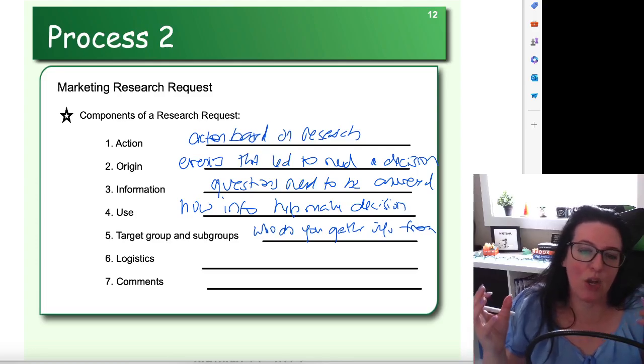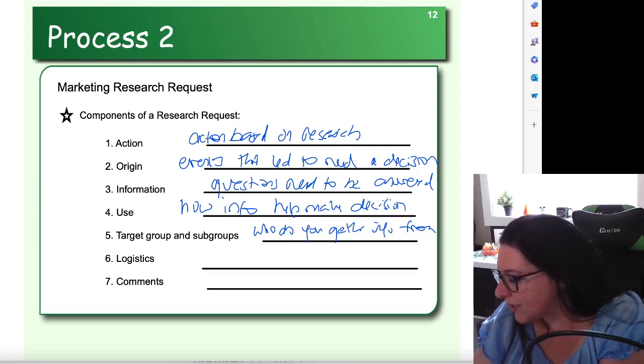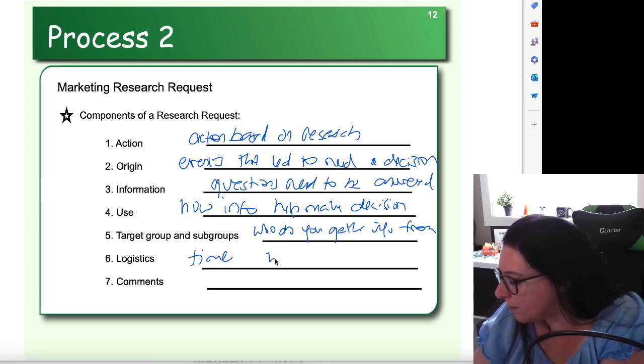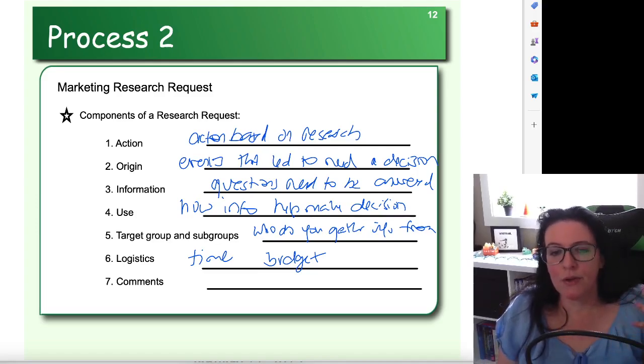So we need to specify who is going to be involved in this study. And then we need some logistics. What's the time period in which this is going to happen? What is the budget that we're going to need? And then any additional comments.